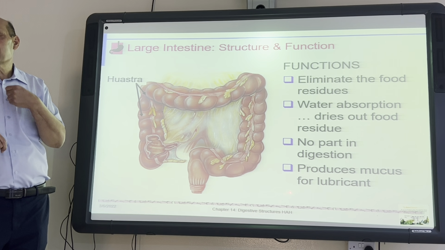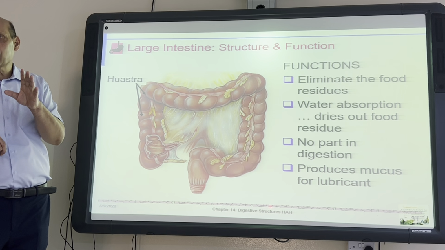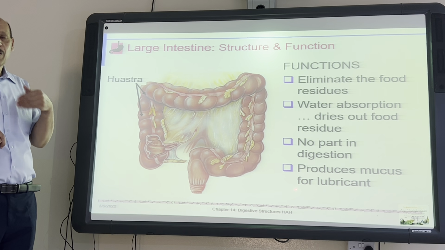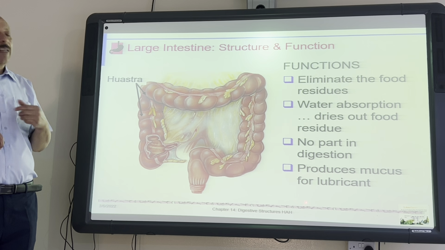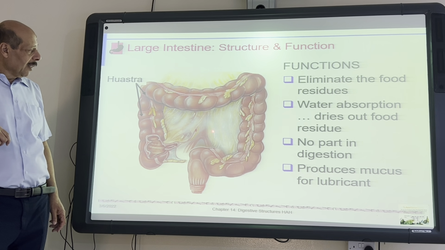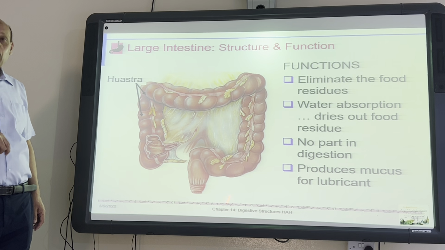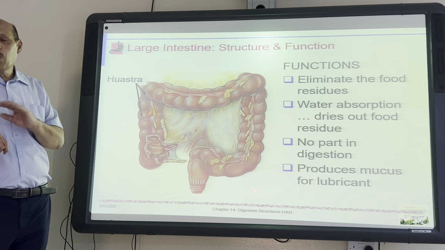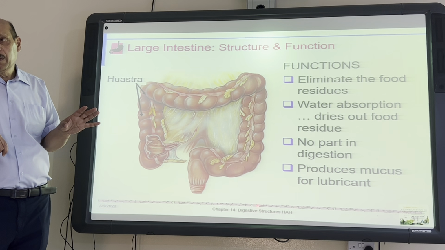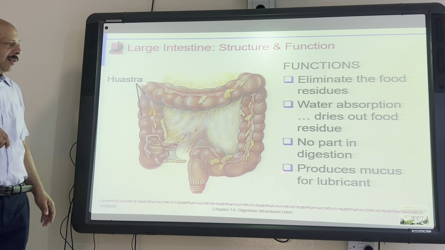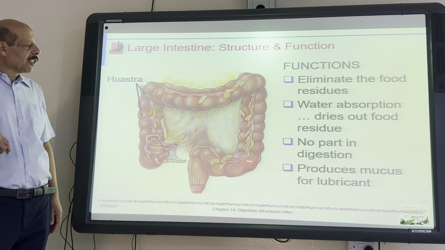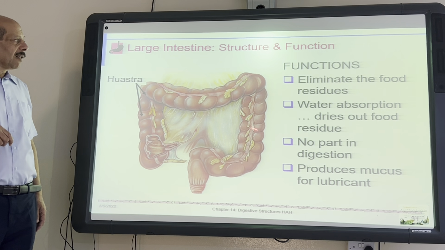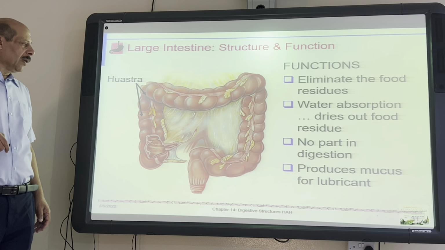It is a connection. There is nothing happening, no chemical digestion, no absorption, nothing. Just a pathway from the mouth to the stomach. Here, it is a passage to the outside for the excretion. Absorption of water is there. No digestion at all in the large intestine. The mucosa which is produced there is for lubrication, keeping the stool moist and easier to defecate.